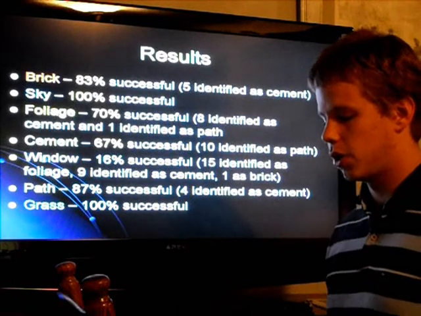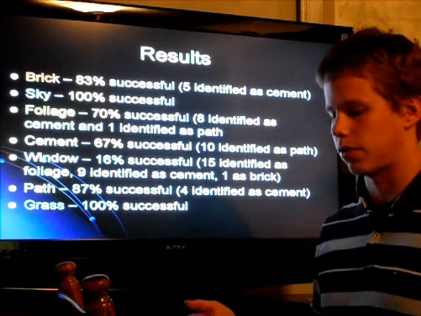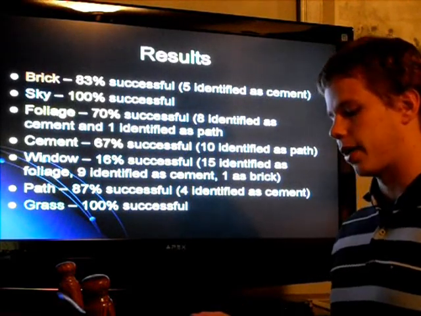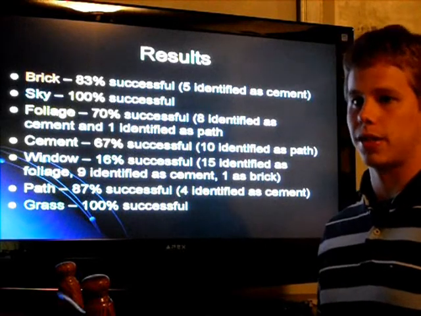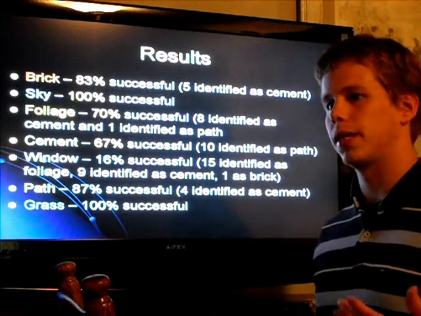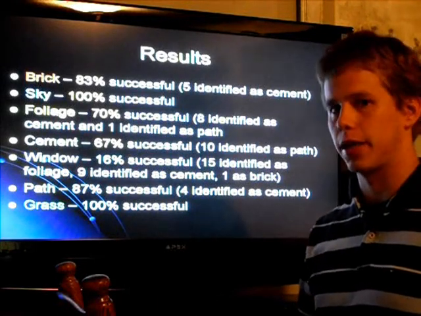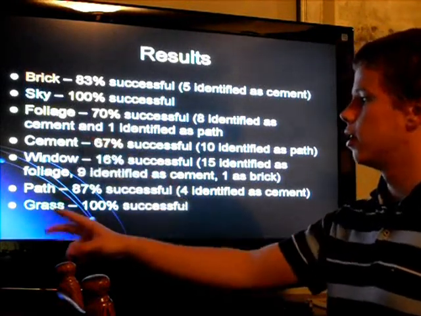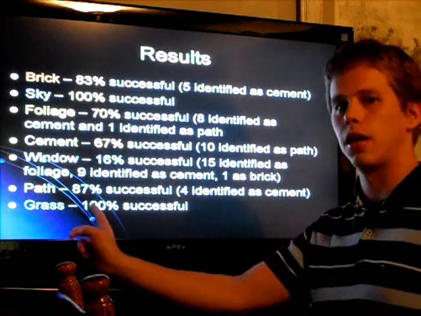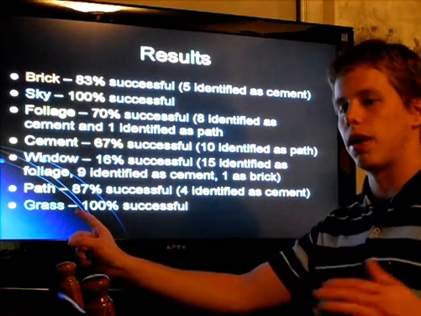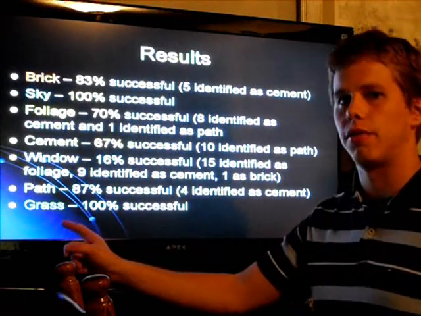Now the foliage was only 70% successful. Now what I can tell you about the foliage is that this picture was probably taken sometime in fall because the foliage probably is not green. As you can see here, the grass at the bottom had a 100% success rate, so every grass part was identified as grass.